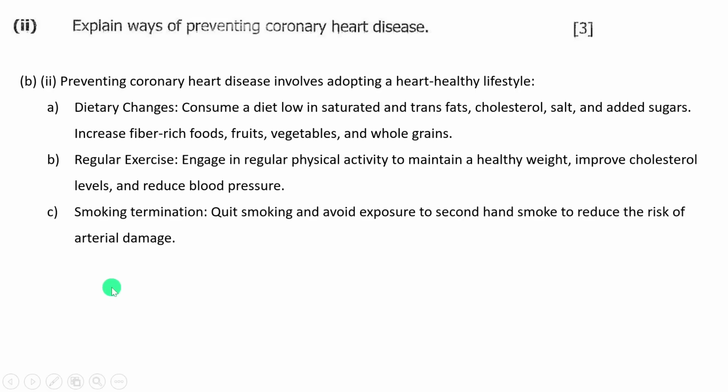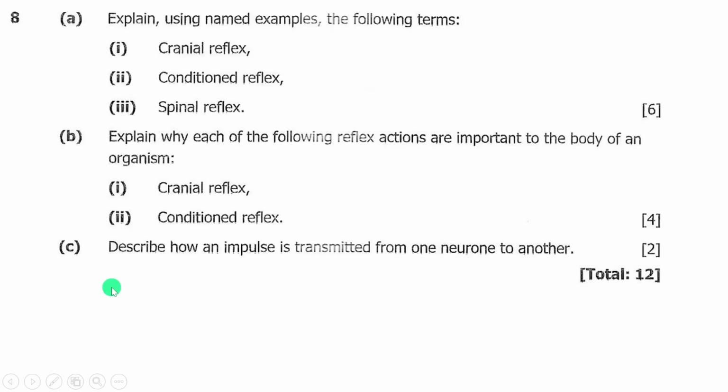Then we move on to the next part, which is question 8, which says explain using named examples the following terms. So part 1 we have cranial reflex, part 2 conditioned reflex, then part 3 spinal reflex, then B explain why each of the following reflex actions are important to the body of an organism.